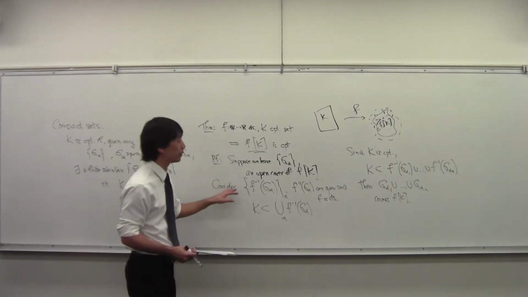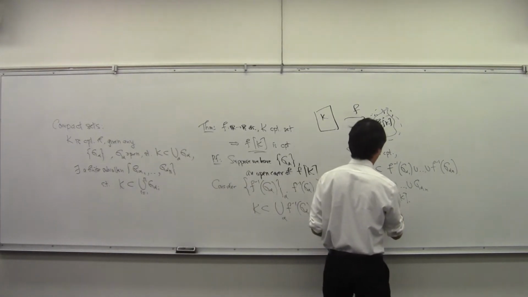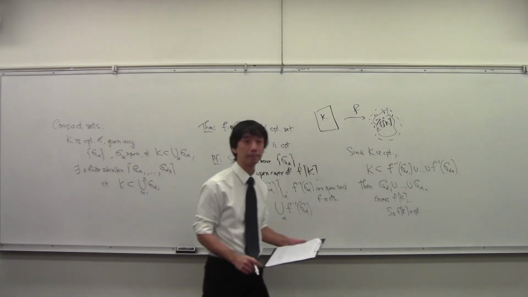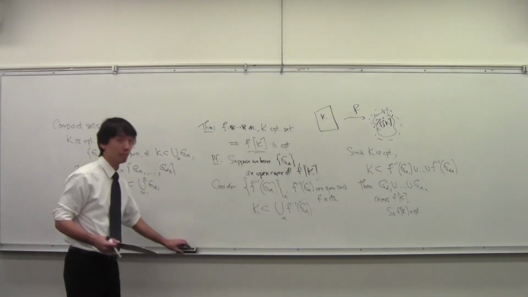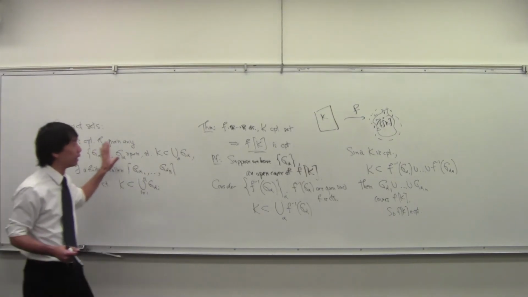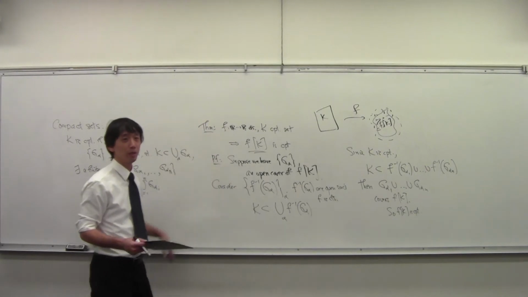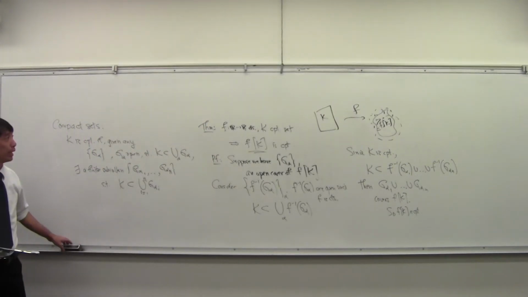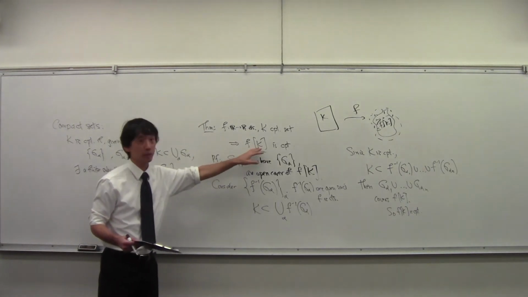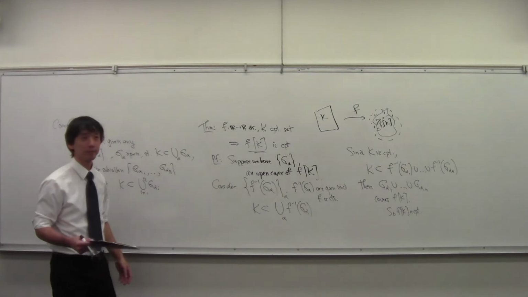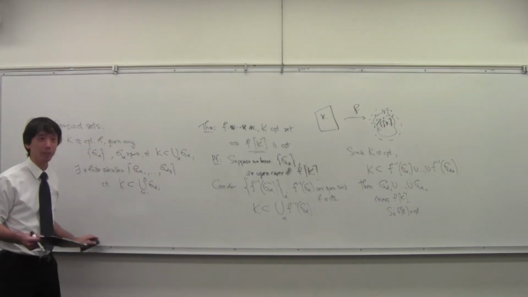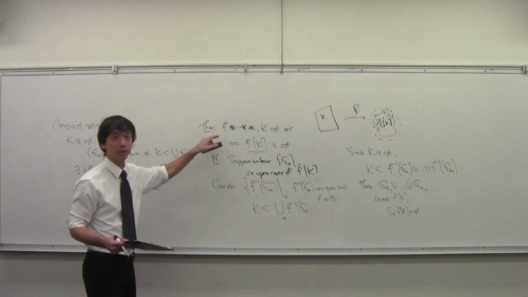So F of K is itself compact. We're just remembering what compactness means, and then doing the homework problem, showing that if you have a compact set and a continuous function, then the image of that compact set is itself compact. The image of a compact set is going to be compact as long as the function is continuous.